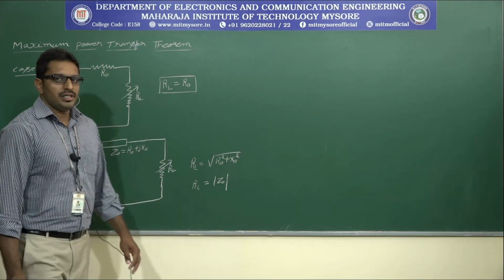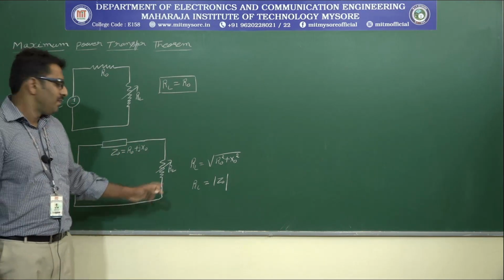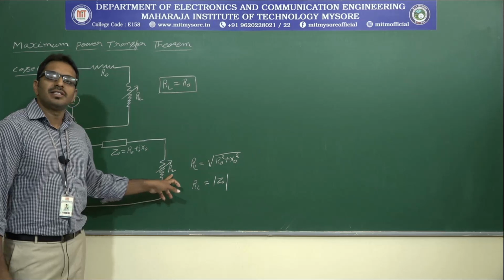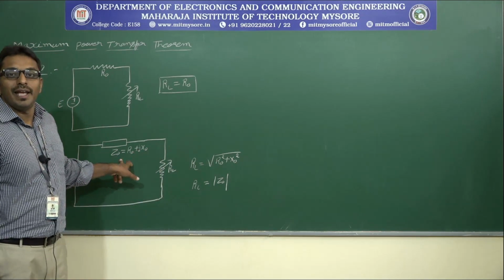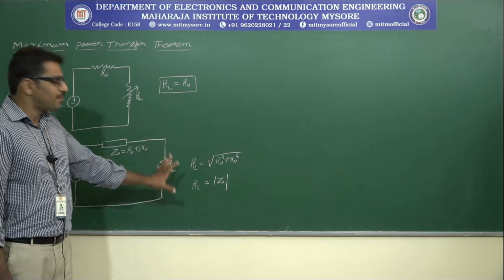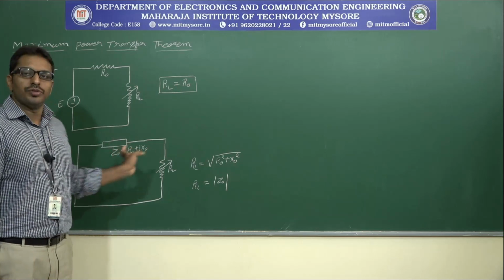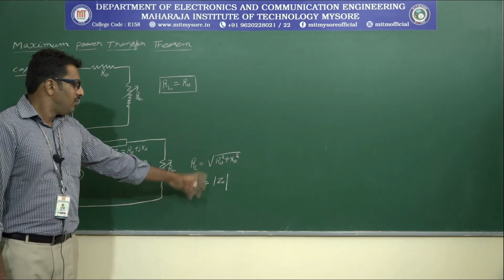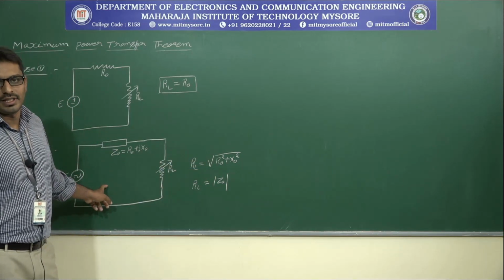So what is the condition? In order to transfer maximum power from source to load, the load resistance should be equal to the magnitude of the source impedance. In this particular condition, we can transfer maximum power from source to the load. Anyhow, we are going to prove this relation also by considering this second circuit.